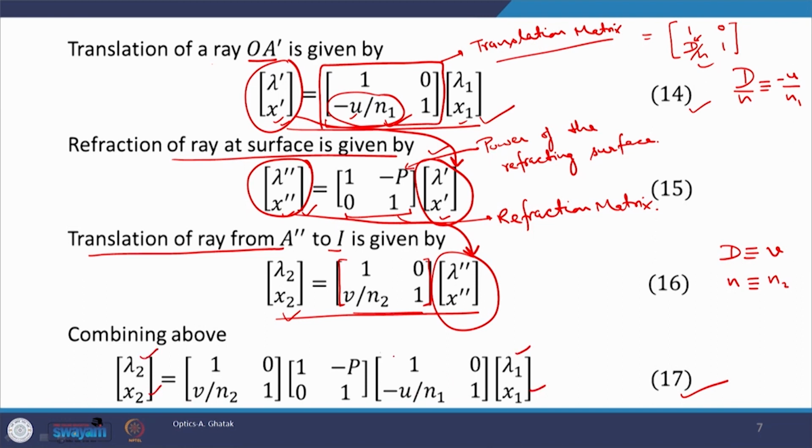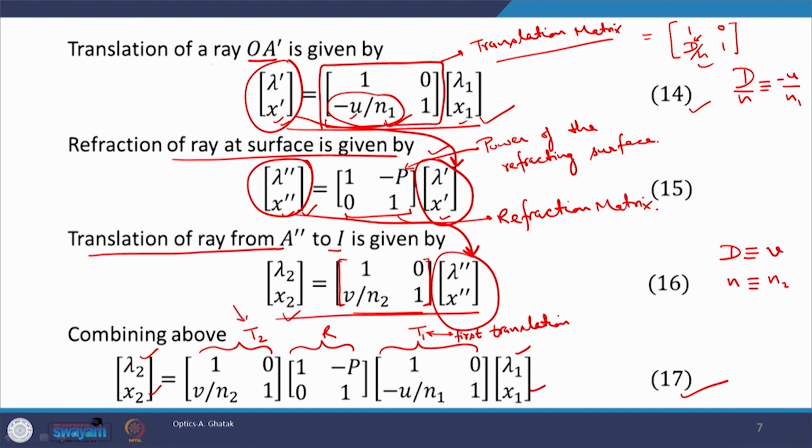Note the order of the matrices. Okay. This is your translation matrix, this is your refraction matrix, and this is your again translation matrix. This is your first translation, this T is first translation. Therefore, let us write it as T1, and this would be your T2.